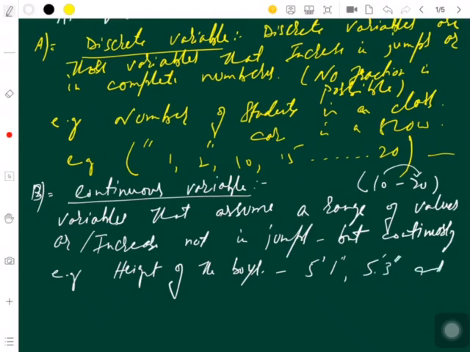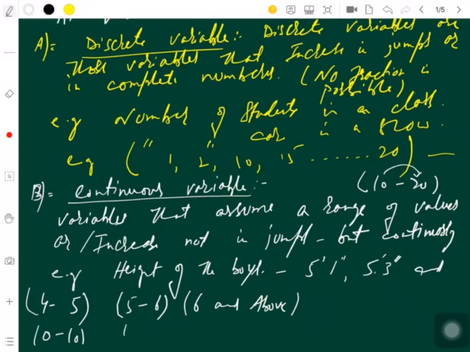Okay, or we can divide this height, 4 feet to 5 feet, one category, 5 feet to 6 feet, one category, 6 and above, other category. Or marks in a range of 0 to 10, who have scored 0 to 10, 10 to 15, 15 to 20 if the exam is out of 20 only. Okay, this is how we work with the things. This is what a continuous variable means.